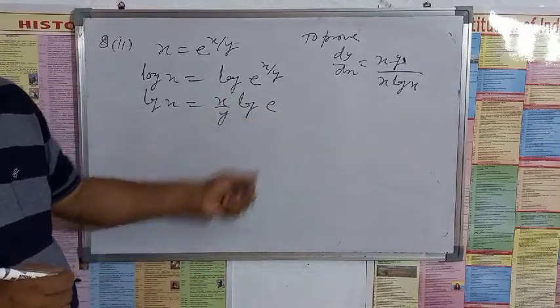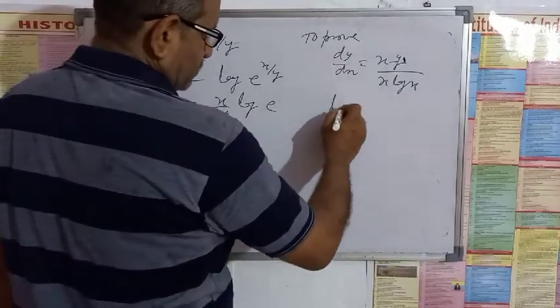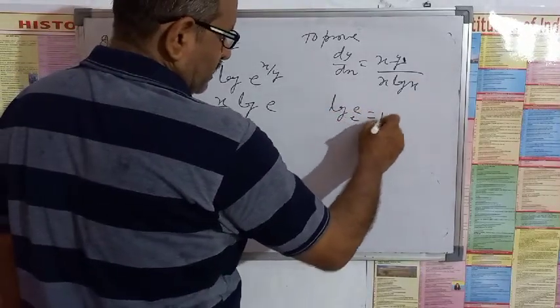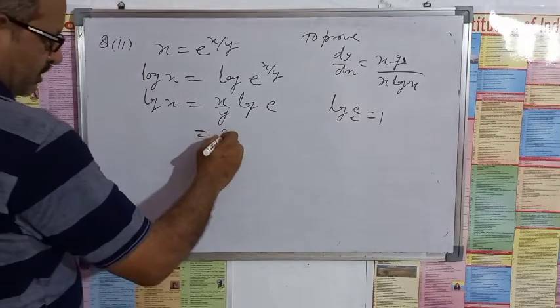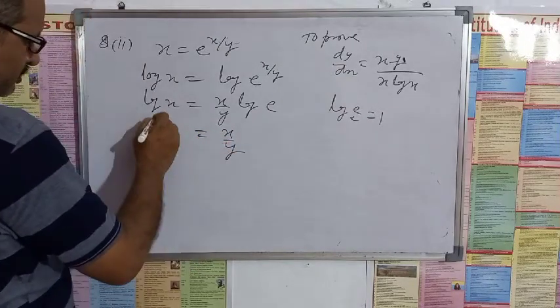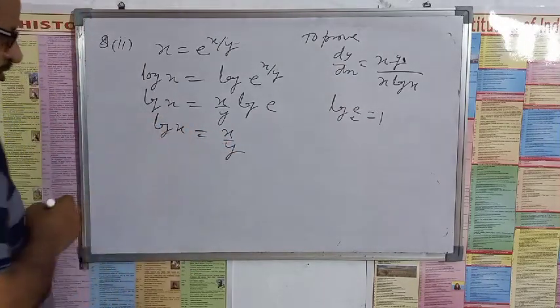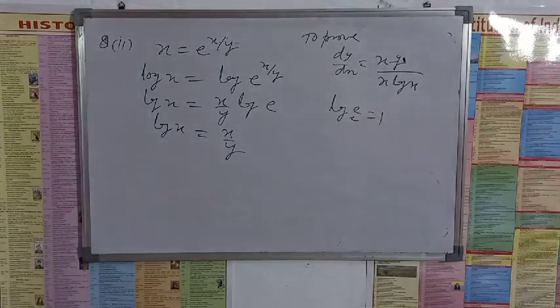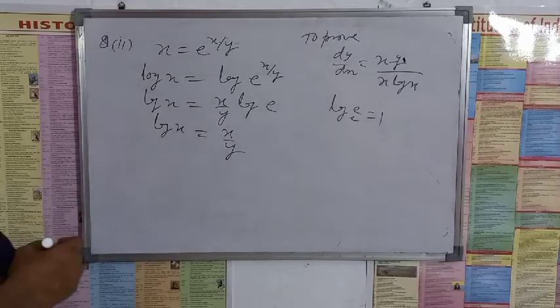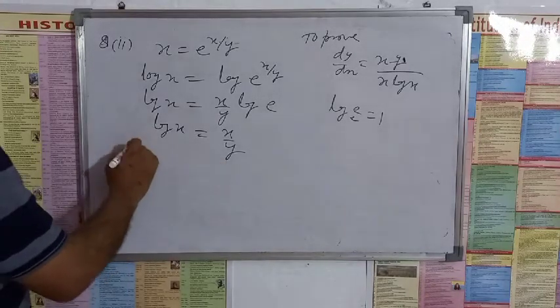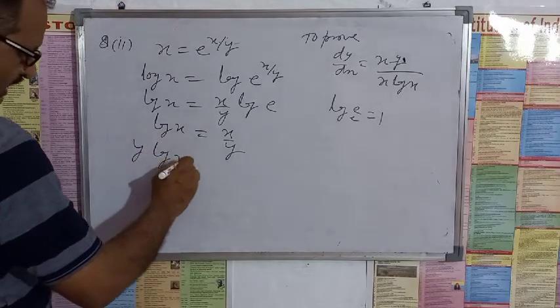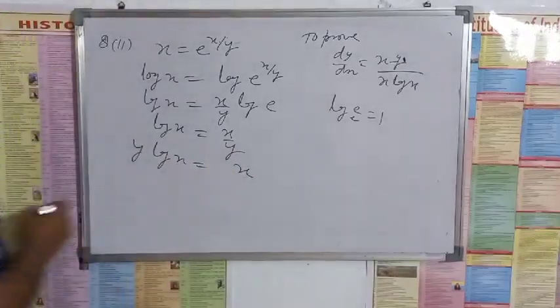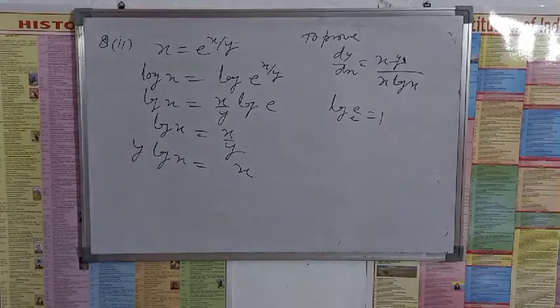Value of log e to the base e is 1. So log x is equal to x upon y. Cross multiply. So y log x is equal to x.